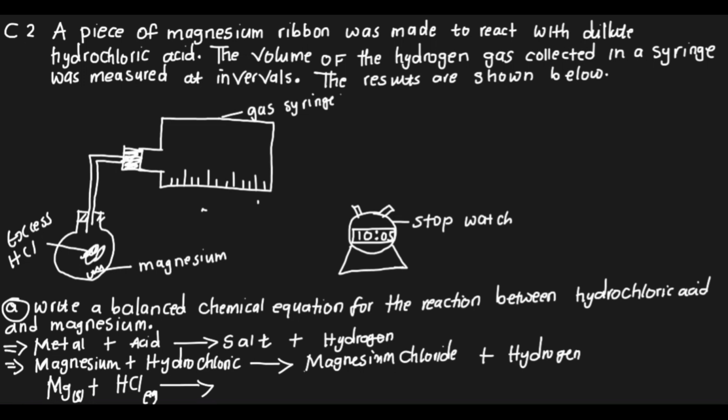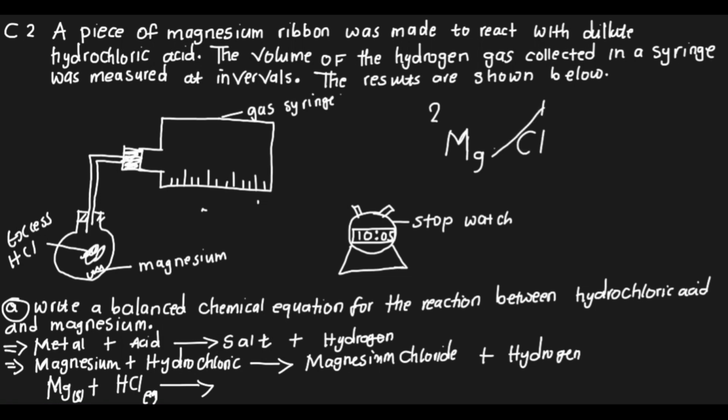For us to write the chemical formula for magnesium chloride, we need to use the valences. Magnesium is in group 2, so it has a valence of 2. Chlorine is in group 7, so it has a valence of 1.